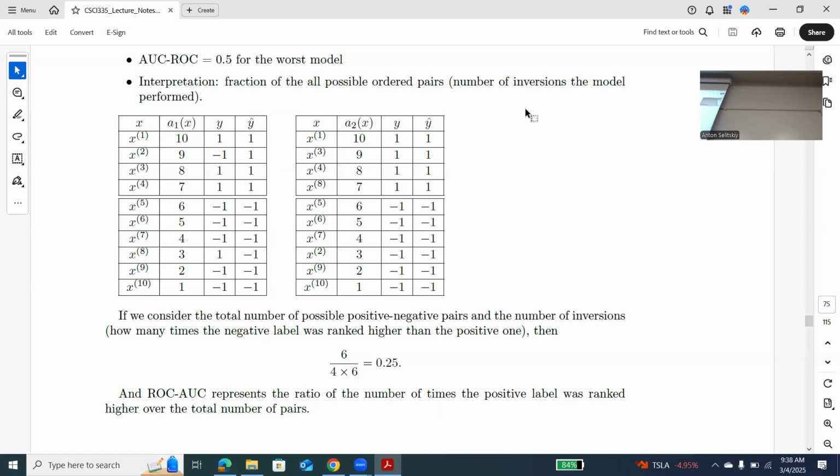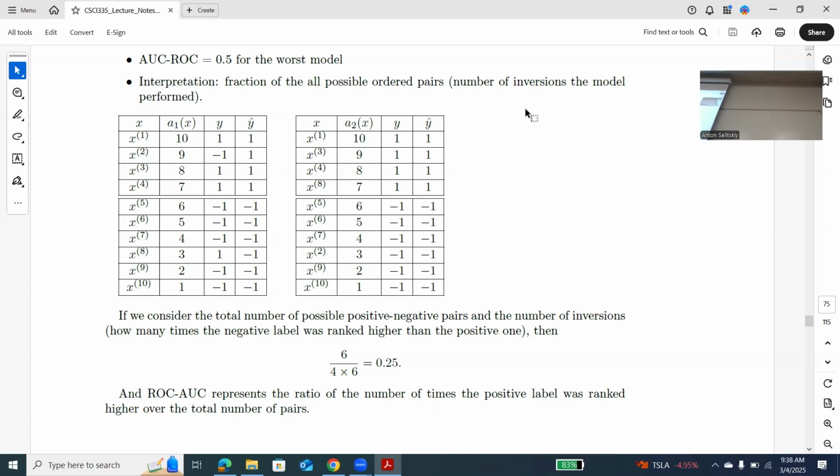Second one gets everything right. Yeah, the second one, because if we sort the output of the model by the value of our probability or dot product, then we can choose a threshold that actually separates our points correctly. What will be the area under the curve for this model?